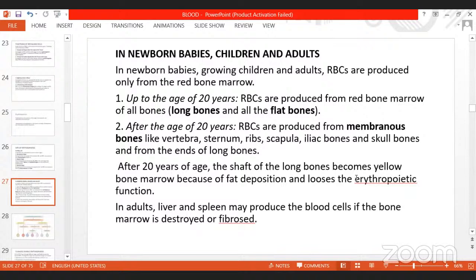If not, only the membranous bones will produce RBC, and the ends of the long bones. But the ends of the long bones will stop producing RBC because of fat deposition in old age, after 50 or 60 years. And if all the bone marrow is destroyed, then the spleen and liver may produce RBC, if they are in a good healthy condition.